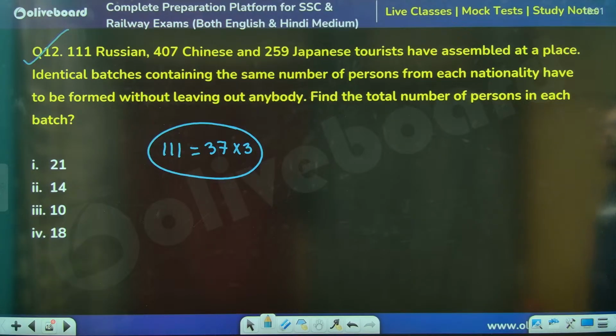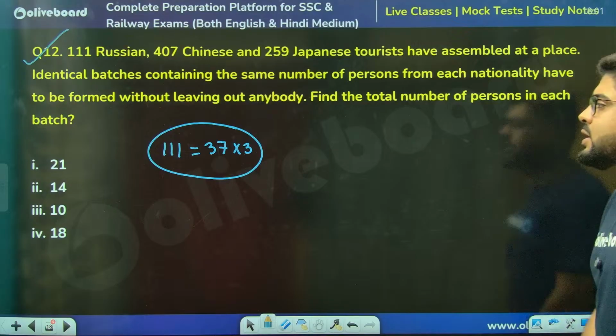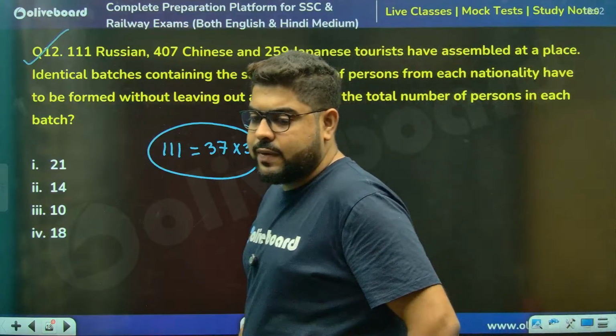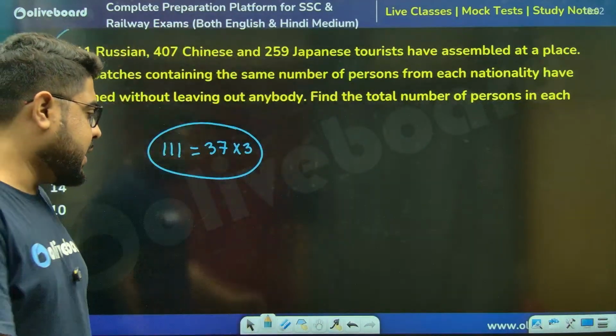अच्छा, identical batches containing the same number of persons from each nationality. Acha, I guess they are thinking the language is not okay. I was thinking in a different direction.